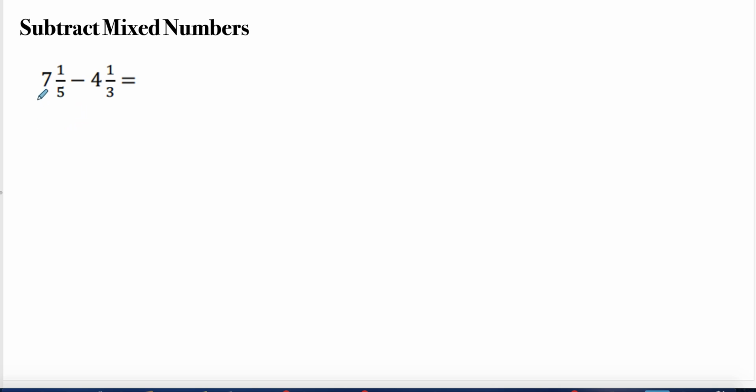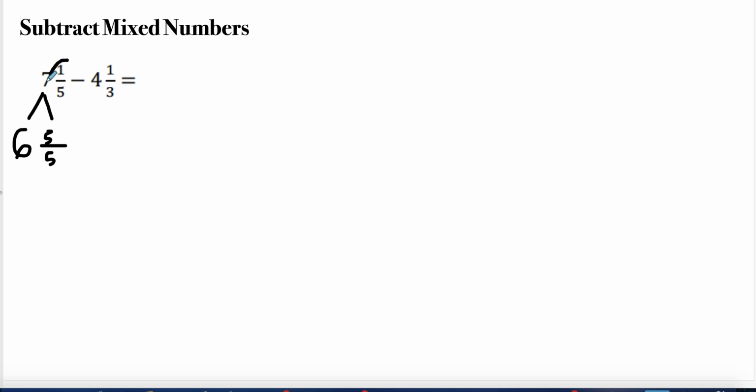So I'm going to take this 7 and I'm going to regroup one whole from it. I'm going to rewrite it as 6 and 5/5. I chose fifths because that's the denominator I have with my mixed number, 7 and 1/5. And I can rewrite the 7 as 6 and 5/5 because 5/5 is equal to 1 whole, and 6 and 1 make 7.